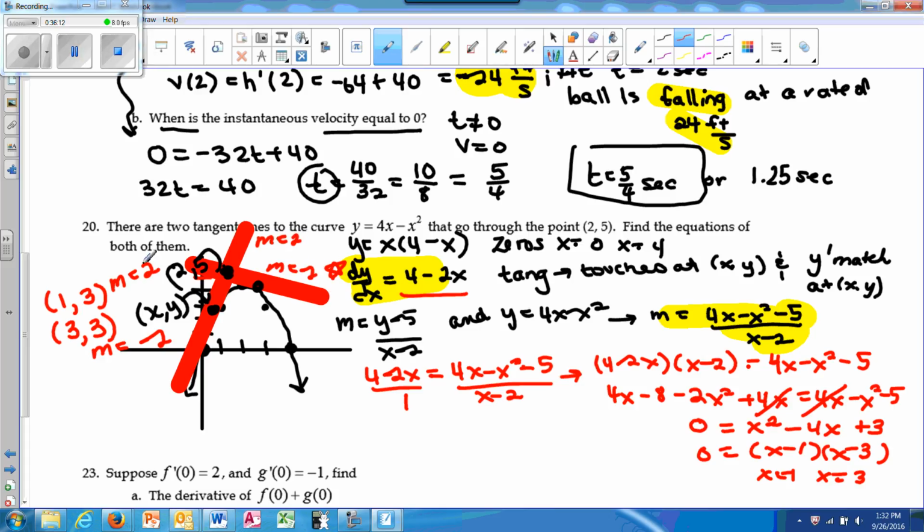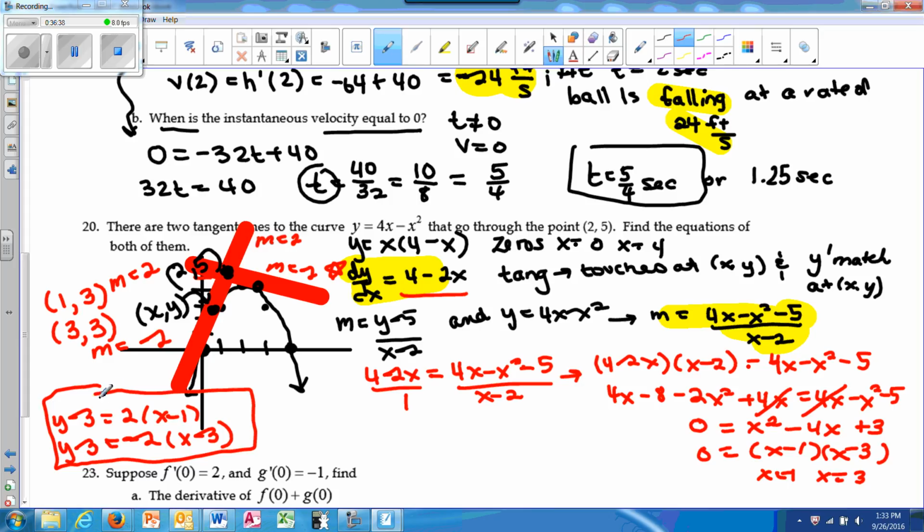Using the original function, if x is 1, y is 4 minus 1, so it's 3. If x is 3, y is 12 minus 9, so also 3. Our slope, if the point is (1, 3), uses the derivative. 4 minus 2 is 2.